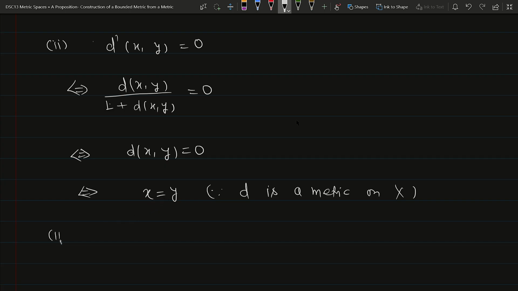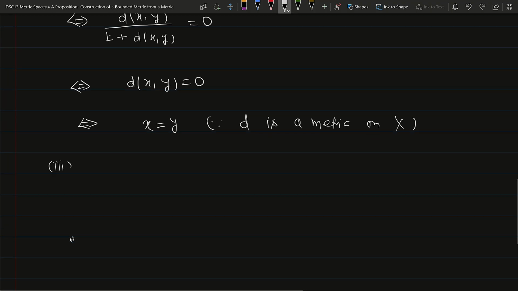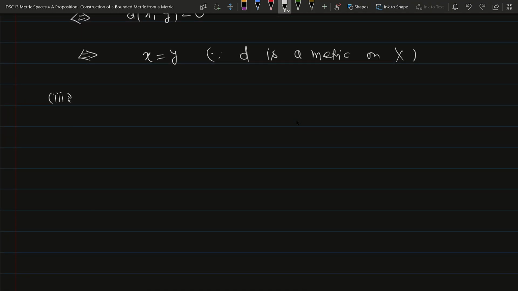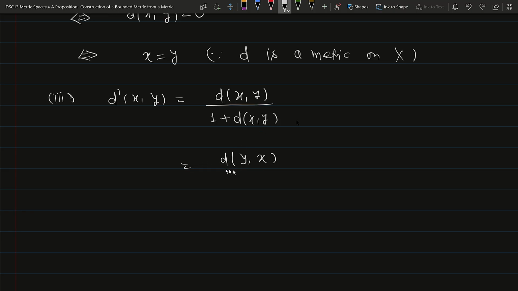Now come to the third, and of course this is quite a simple part while discussing a metric. We have that d prime of x comma y equals d of x comma y over 1 plus d of x comma y, and we know d is a metric, so we have d of y comma x over 1 plus d of y comma x.